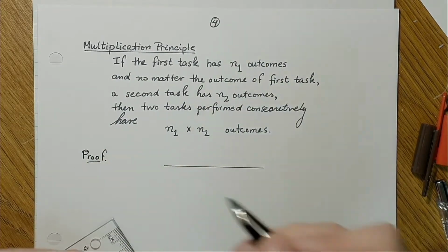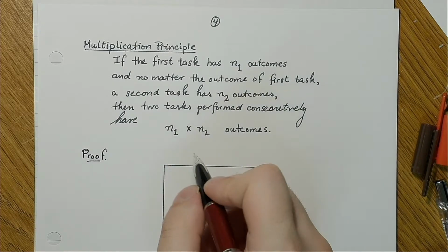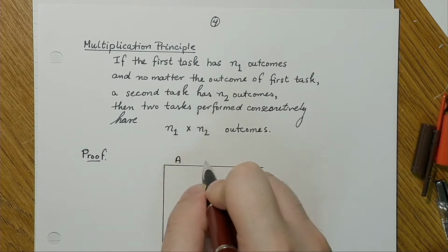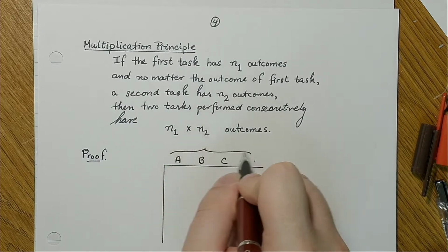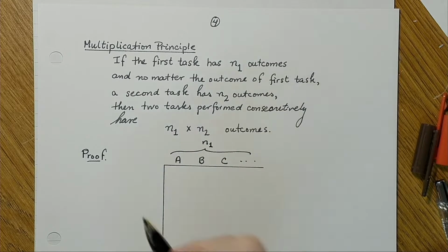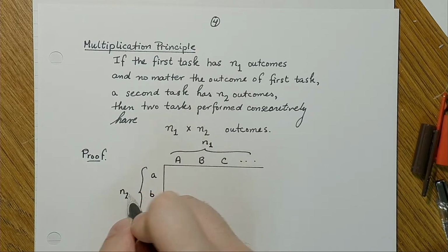So if you had some sort of table, let's say we had A, we'll call this B, C, dot, dot, dot. So up here, we had N1 outcomes. I had N2.